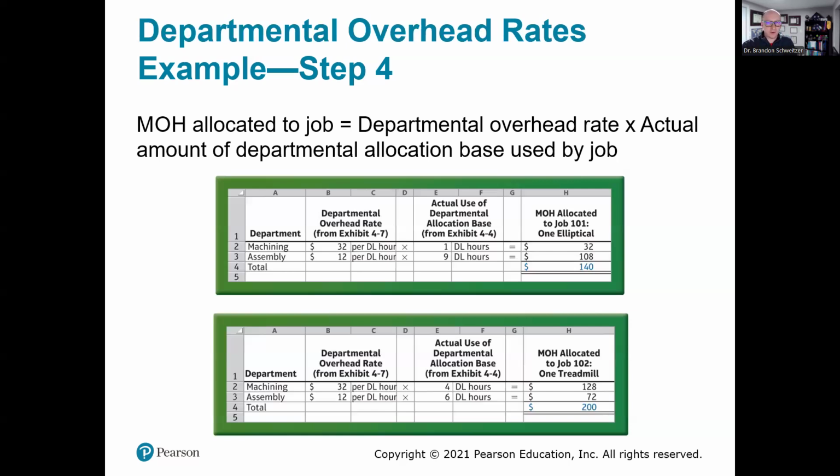So we take the $32 per direct labor hour for machining times the actual 4 hours in machining for the treadmill. That gives us $128. Then we take the assembly, $12 per direct labor hour, times the actual number of hours used, in this case, 6 hours. That gives us 72, giving us a total of $200 of manufacturing overhead to manufacture one single treadmill.